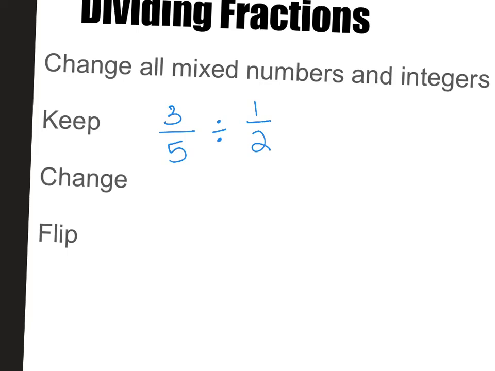We're going to keep the first, change the sign, and flip the second. Now we multiply straight across. So we've got 6/5, and when we simplify, 5 goes into 6 one time with 1 left over.